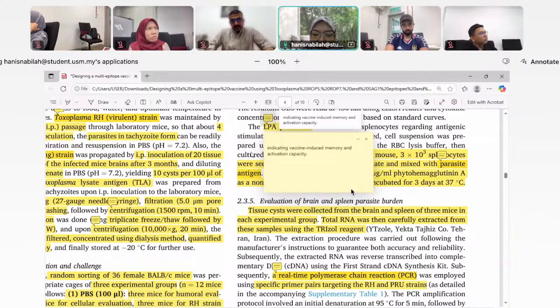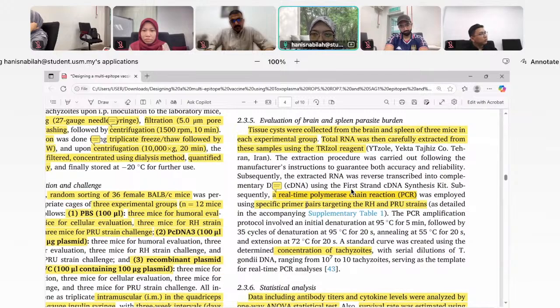Besides, they also check the quantification of the parasite itself. So they did real-time PCR using samples from brain and spleen.